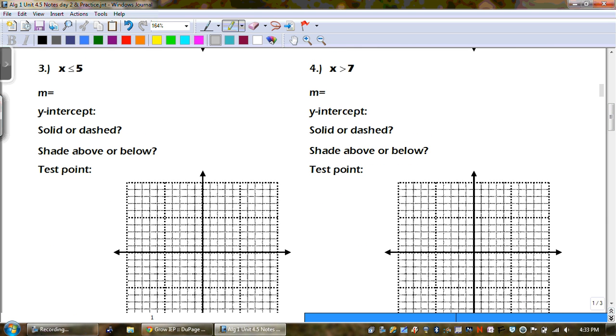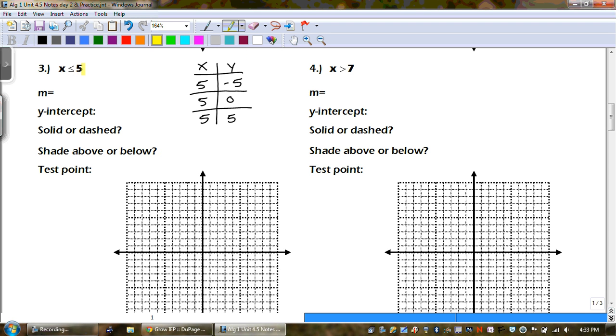Let's take a look at our next one. It's saying x is less than or equal to 5. We're plugging in 5 for x each time, and I'm going to pick a negative, 0, and 5.